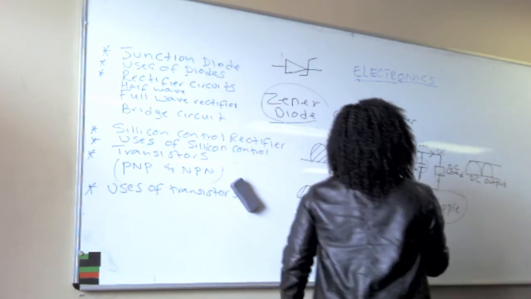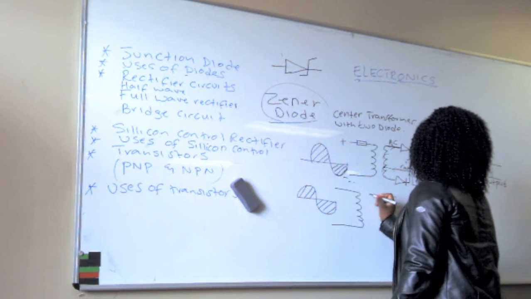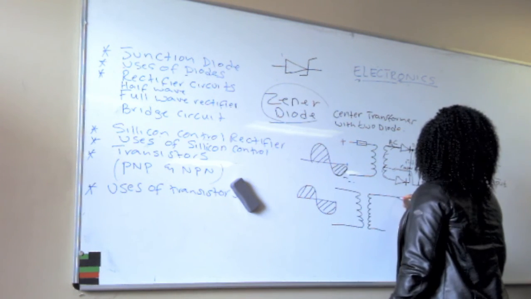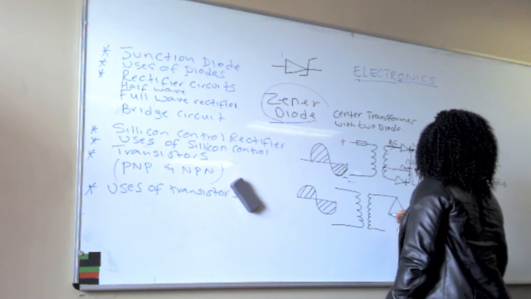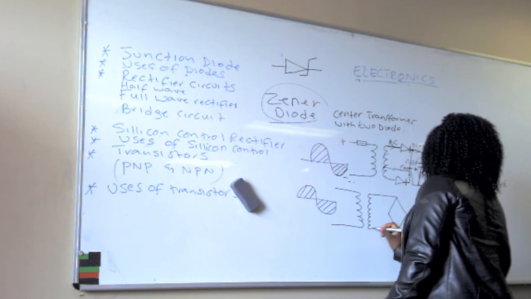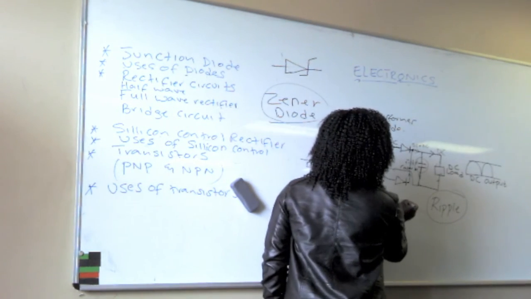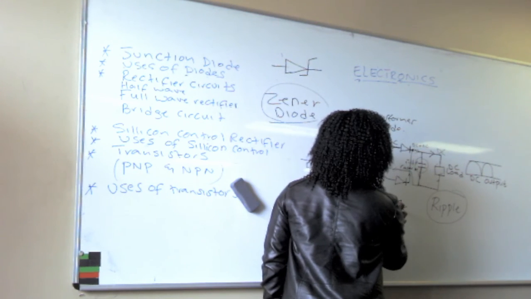And then this side, you are going to have that. Then there will be a diode here, and there will be a diode here. You must see the direction of the diodes.